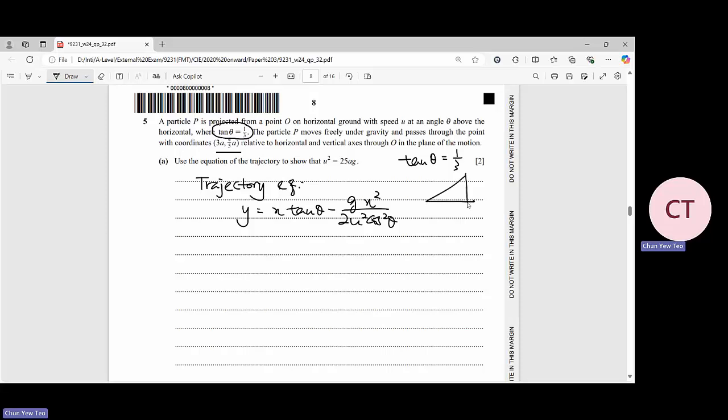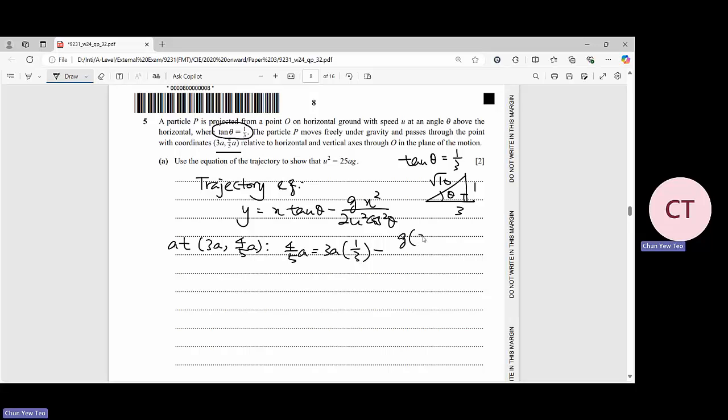We can draw a small right-angle triangle here, 1 here, 3 here, this one is root 10. So at the point 3a and 4/5 a, your y will become 4/5 a. Your x is 3a. Your tangent theta is 1/3. Your g remains as g.